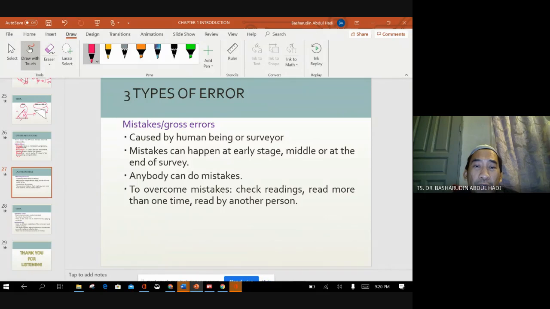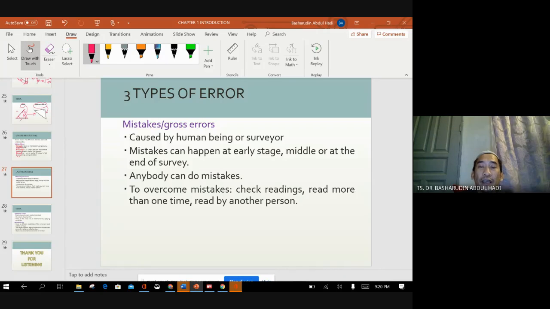Anybody can make a mistake, even the lecturer, or people in industry for so long; sometimes they do not recall to be alert about the measurements, so sometimes they also make a mistake. So when you do a survey, you must consider all the angles that affect your survey works.